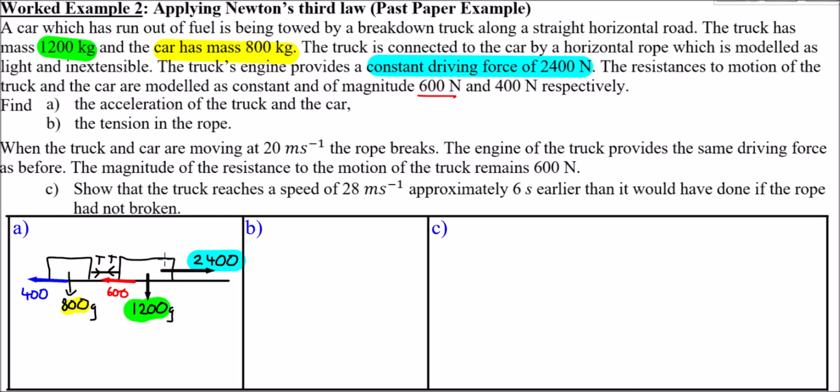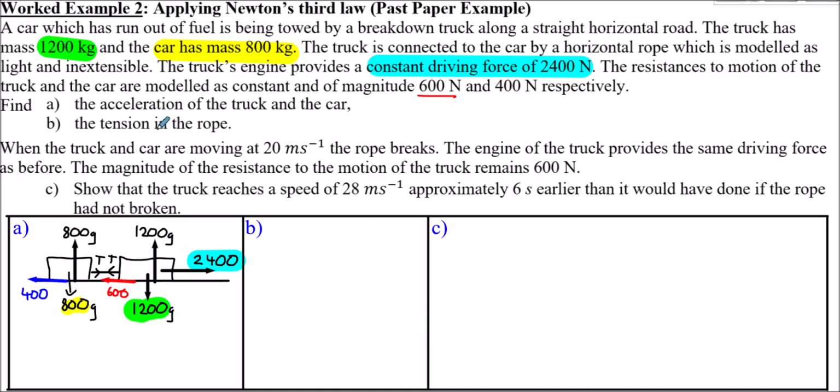Even though there's going to be no acceleration vertically, it's a horizontal road, any acceleration will be going left or right. We could label on here the reaction forces, which will be equal and opposite to the weights of the car and the truck. So the reaction force on the car from the road will be 800 G, and similar for the truck, the reaction force will be equal to the weight and opposite.